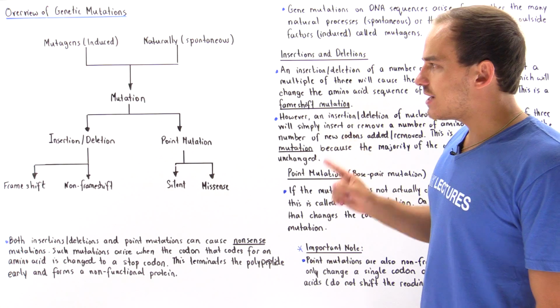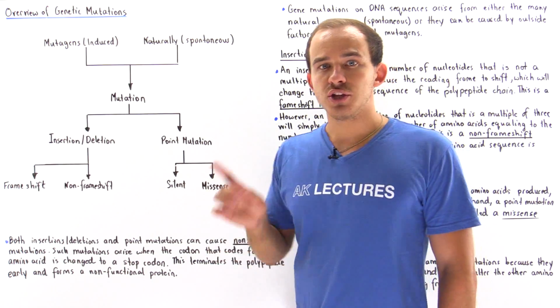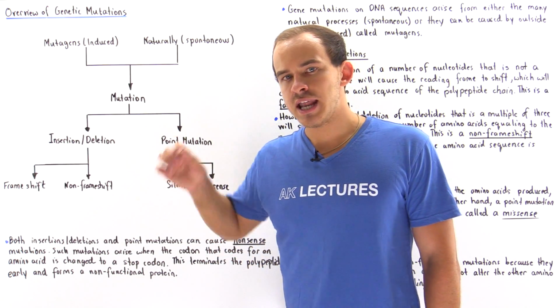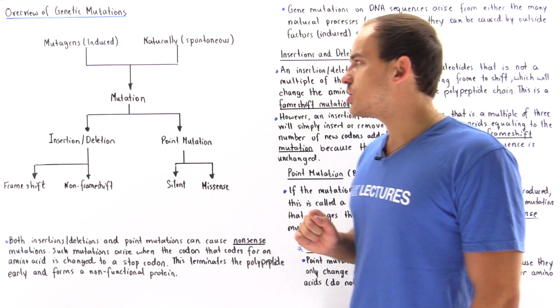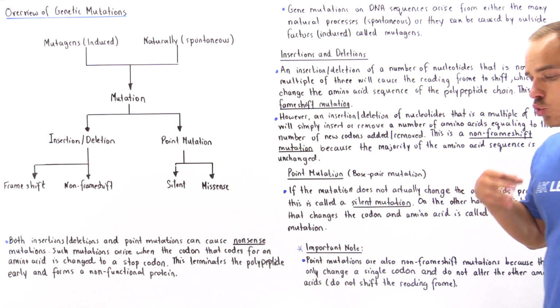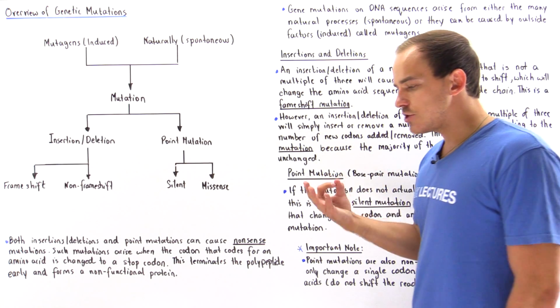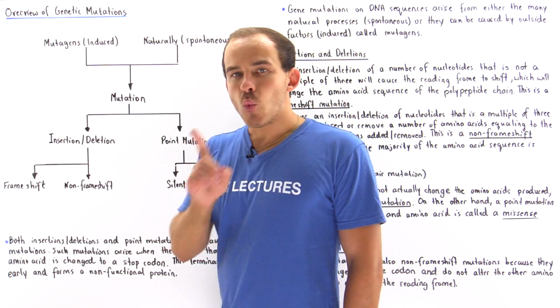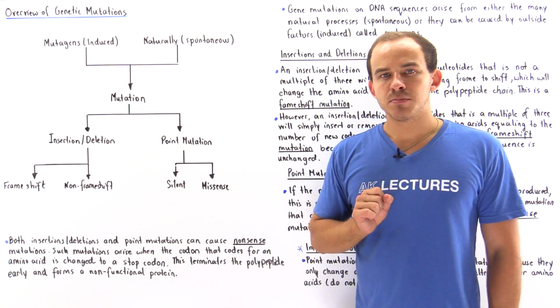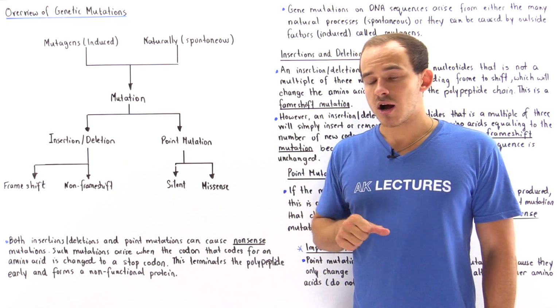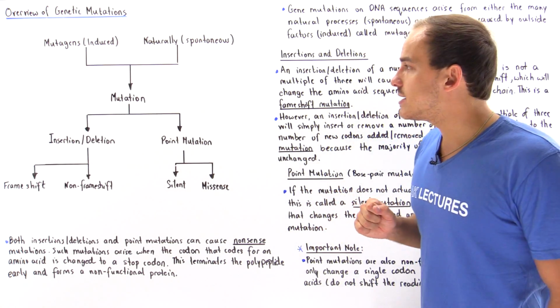Now, a gene mutation is basically a change in the nucleotide sequence on the DNA that is not a result of genetic recombination. Basically, there are two reasons for a gene mutation in the first place. One of these reasons is a result of an error that might take place in one of the many processes that take place in the body.